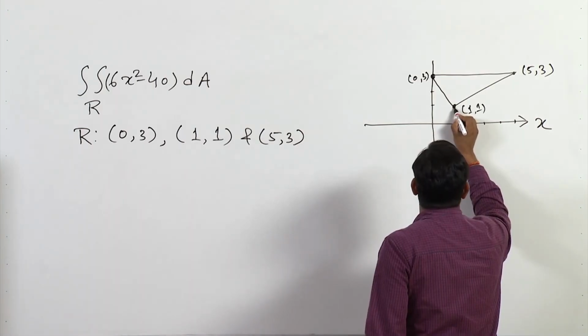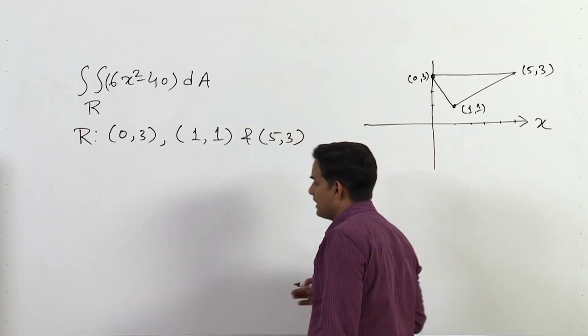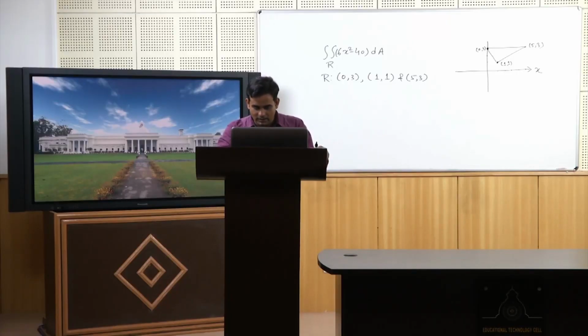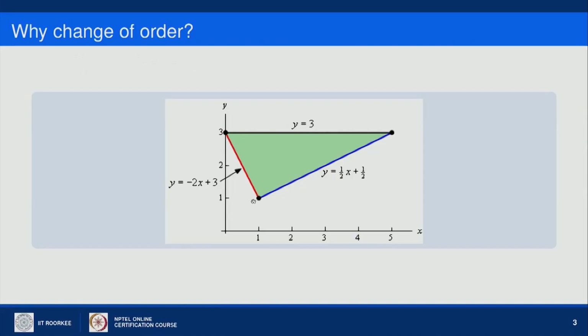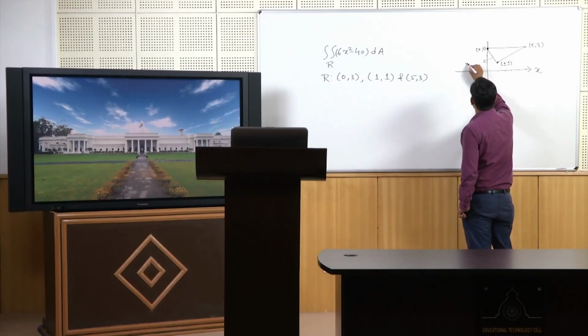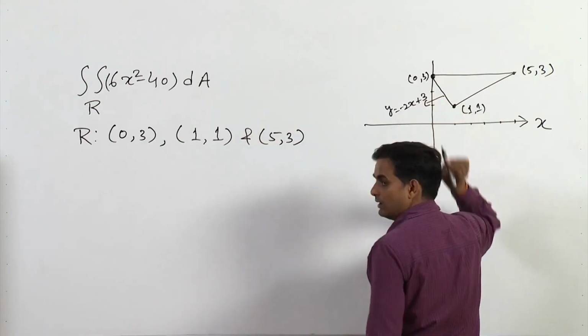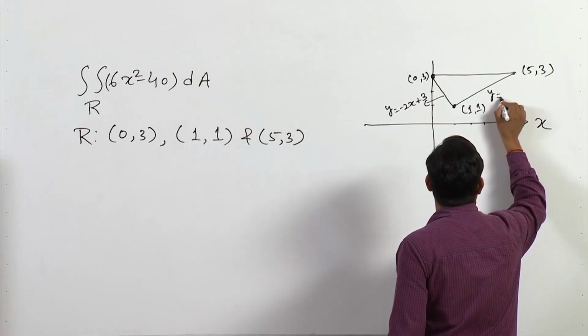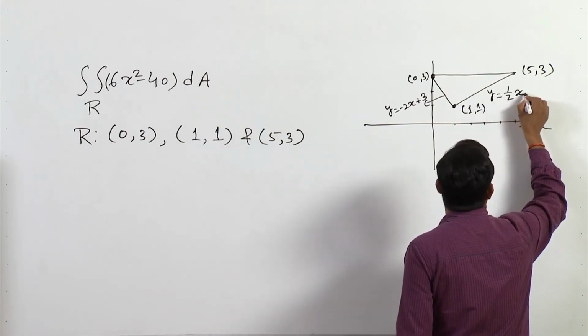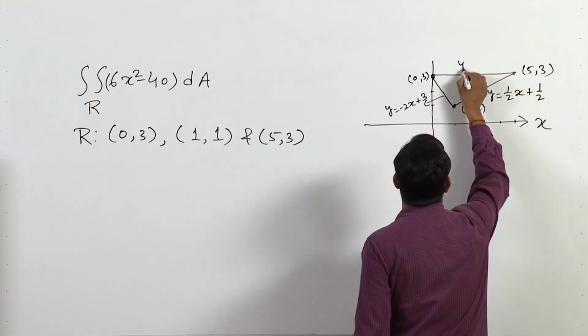If I write the equations of these lines, this line is given by y equals minus 2x plus 3, this line is y equals half x plus half, and this line is y equals 3.